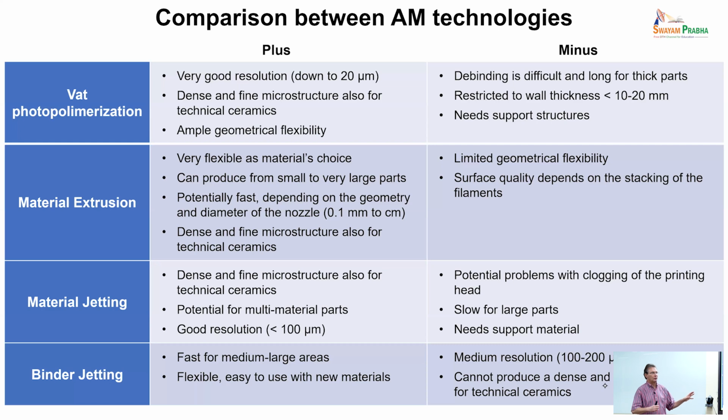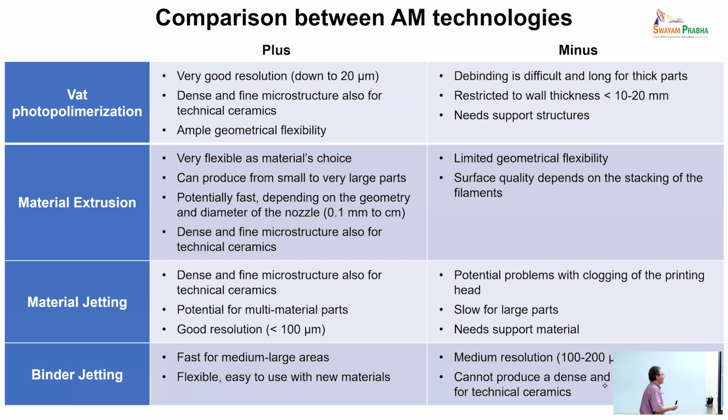For material extrusion, we have fused filament fabrication, direct inking, and also pellet extrusion. Material jetting is one of the minor possibilities for making ceramics using additive manufacturing, but it is still worth considering. And binder jetting is also an isolated approach that has some specific advantages and characteristics.